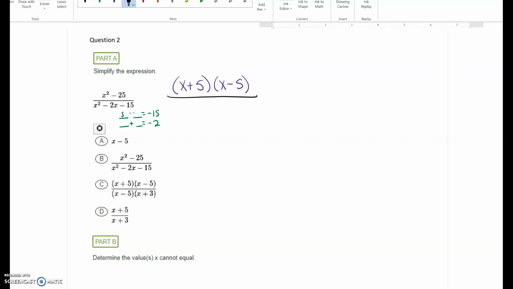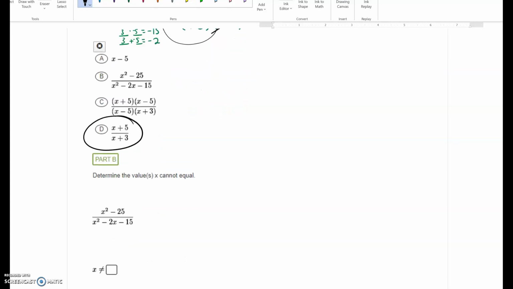That would be 3 and -5. So x plus 3, x minus 5. Cancel out the common factors on the top and the bottom, and our final answer is x plus 5 over x plus 3, which would be that one.